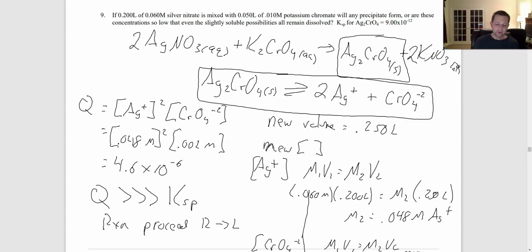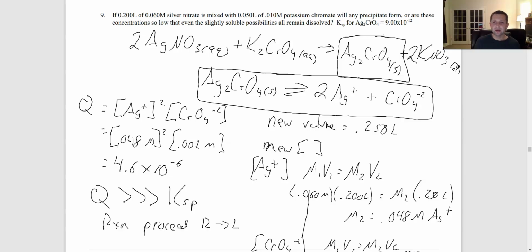The only way to make Q smaller, which we clearly need to do because look how much bigger it is than KSP, is to make these values smaller. You have to get your silver ion concentration and your chromate ion concentration smaller. There's too much of it floating around in that beaker. It needs to go back to the left and form silver chromate solid.